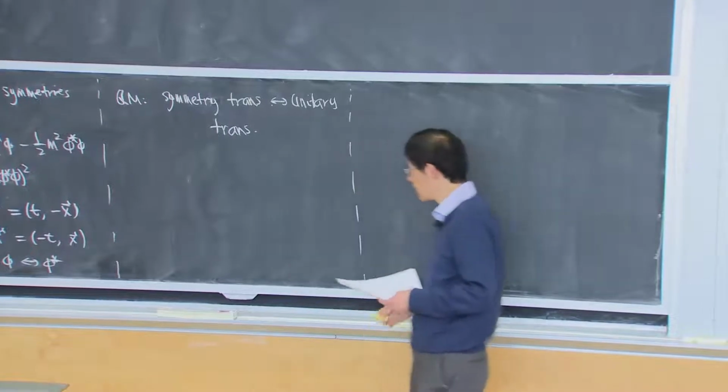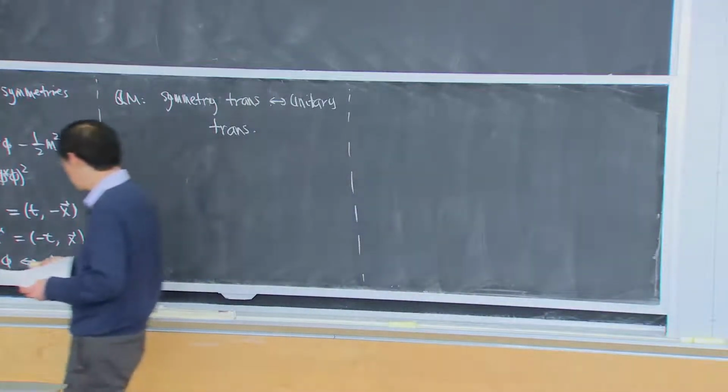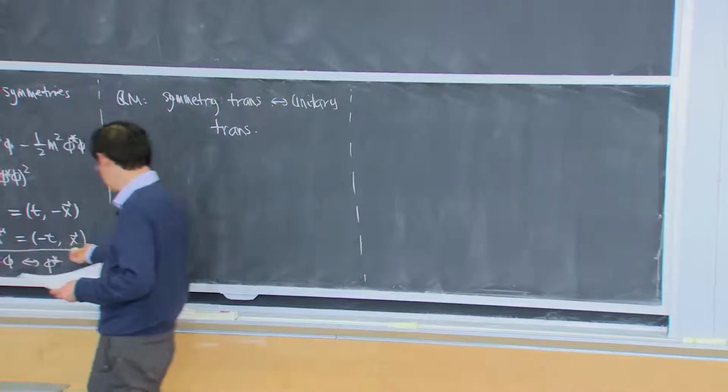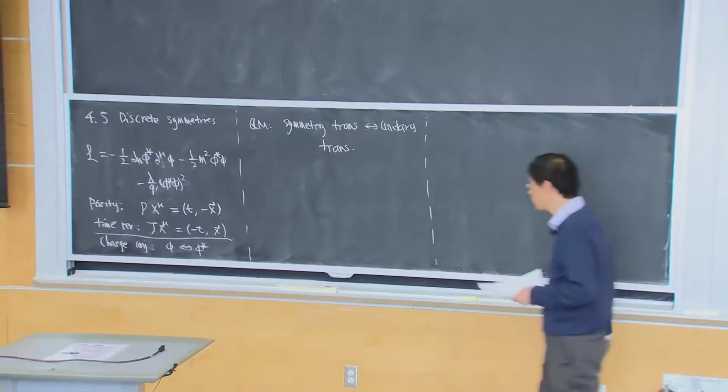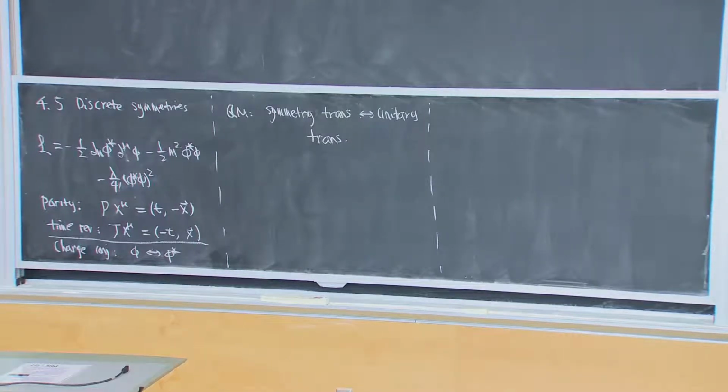And so there's a slight subtlety with the time reversal. All the other symmetry transformations correspond to unitary transformations, except for time reversal, which actually corresponds to an anti-unitary transformation. Have you seen that in quantum mechanics?